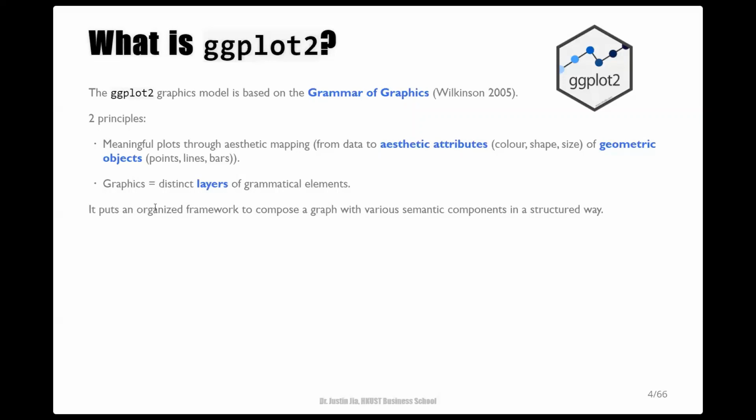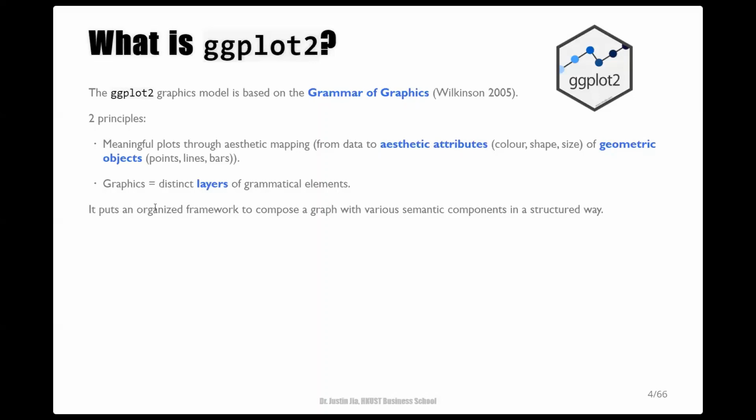The grammar of graphics was first implemented in R as a package called ggplot, and ggplot2 is its current implementation and was officially released in 2007. Since then, ggplot2 has grown in use to become one of the most popular R packages.